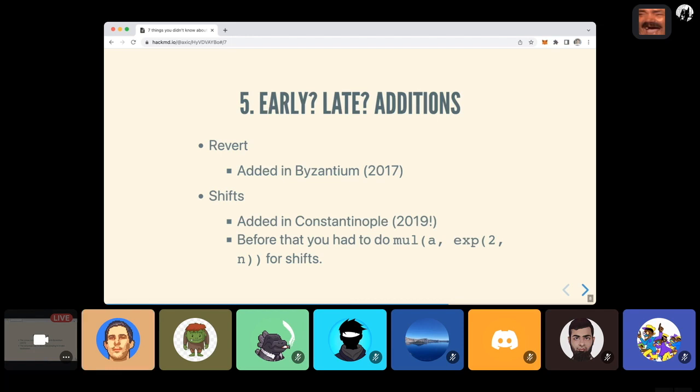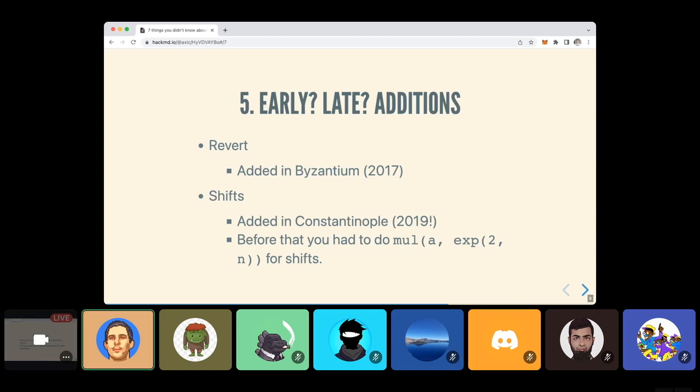So I think that was again really important in order to have the ability to have some kind of error handling and reporting. Because before that, we had this option of jumping to an invalid location. The only thing you get is all the gas is used, and that's it.